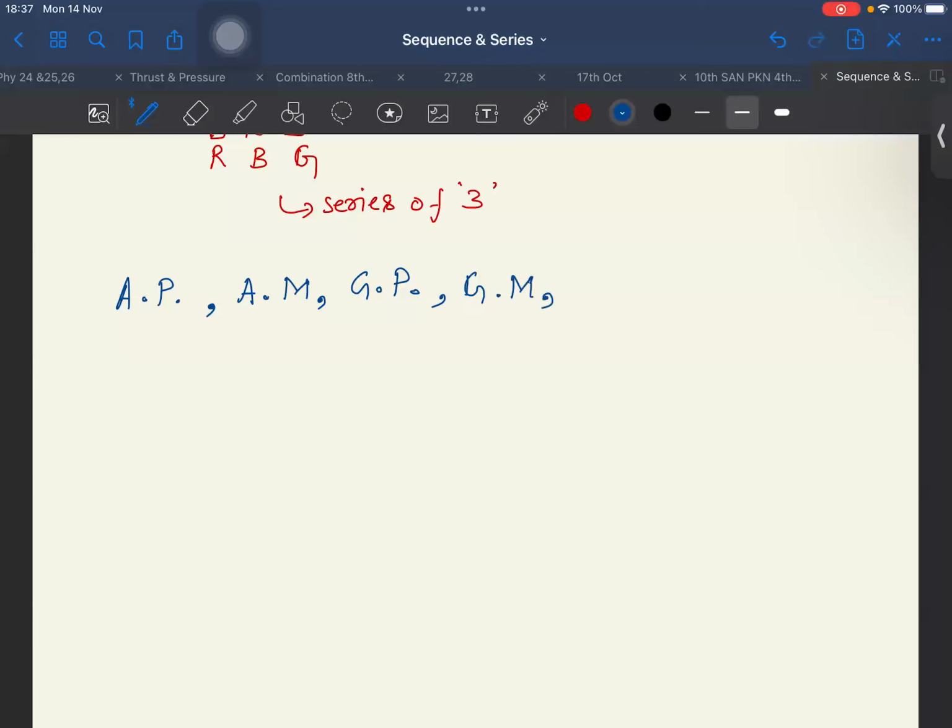We'll also see some examples of harmonic series, harmonic progression, and then exponential and logarithmic series.